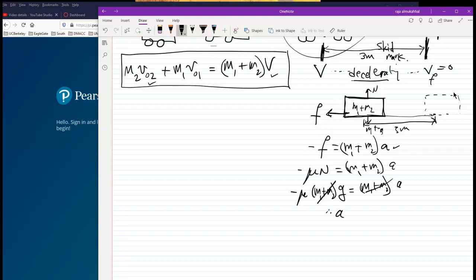So therefore, the acceleration, or deceleration rather, is equal to minus mu g. So that's minus 0.8 times 9.8. You got that? Let me calculate that. 9.8 times 0.8 equals 7.84. So the deceleration rate is negative 7.84 meters per second squared.